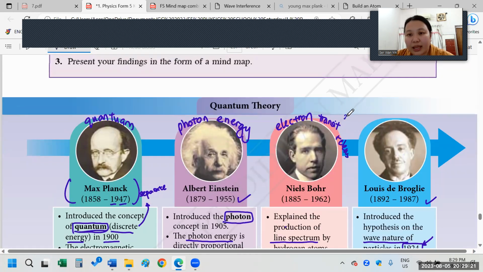Emits photon. What is photon? Energy. Okay, then Louis de Broglie and Albert Einstein came up with a conclusion, a summary. Light has, so we say, the wave particle duality.